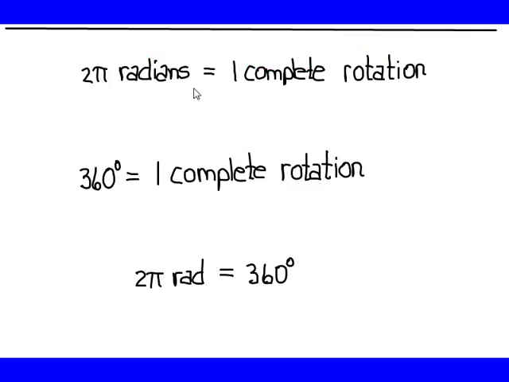To summarize again, 2 pi radians is equal to 1 complete rotation. 360 degrees is equal to 1 complete rotation. So now we know that 2 pi radians is the equivalent of 360 degrees. This is important because we're going to use this relationship. Please pause the video and copy these notes, because you will need them.